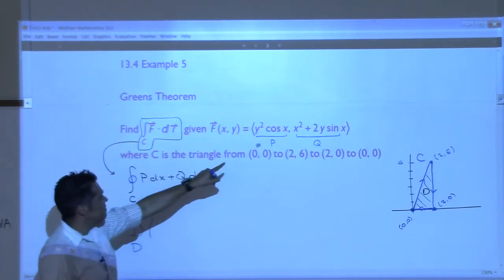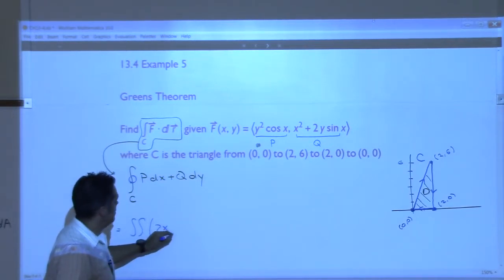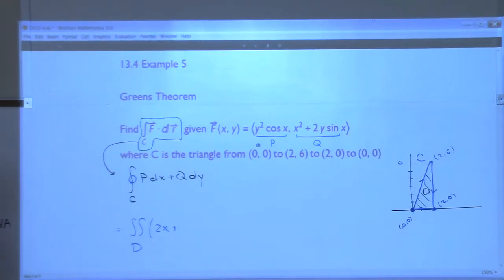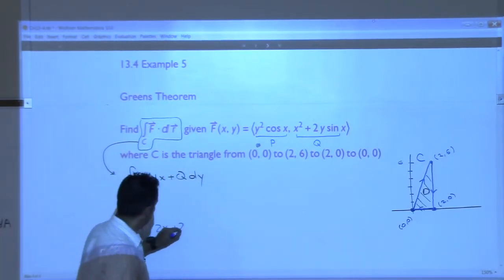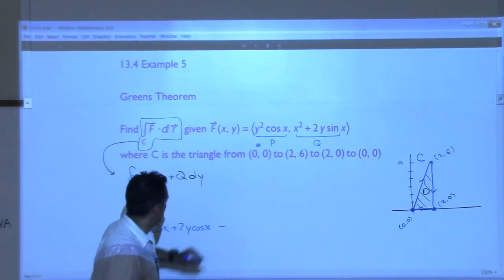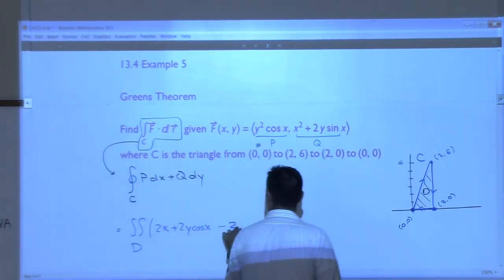Partial of Q with respect to x would be 2x plus 2y cosine x. I'm not liking that. But then minus the partial of P with respect to y, which would be 2y cosine x. Look at that.